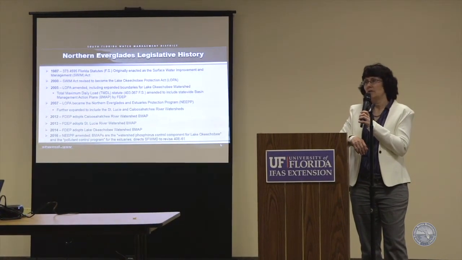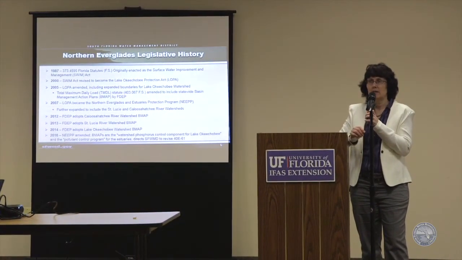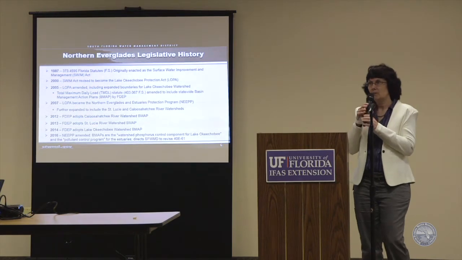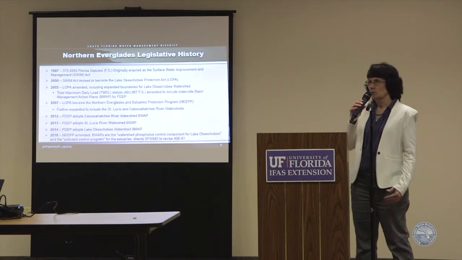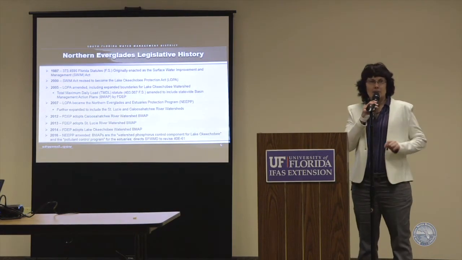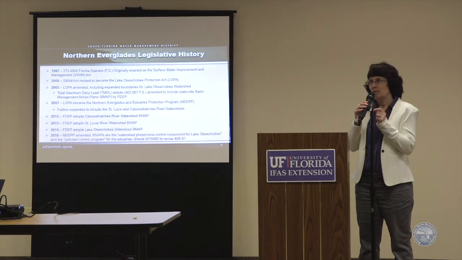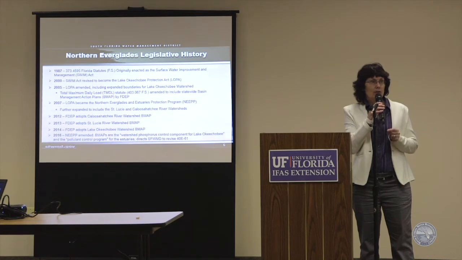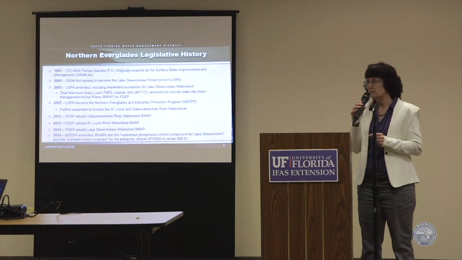And there was a portion of that act specifically devoted to Lake Okeechobee, and that had a number. It was 373.4595. And that's what the existing rules were based off of. And since then, there's been many changes, and that particular piece of legislation today is known as the Northern Everglades and Estuaries Protection Program.